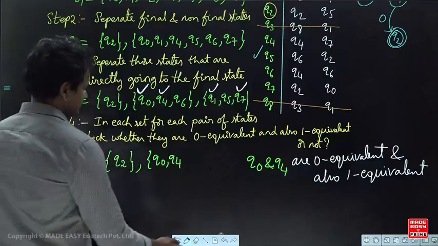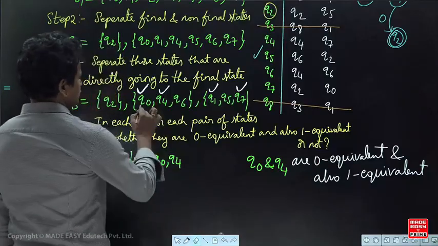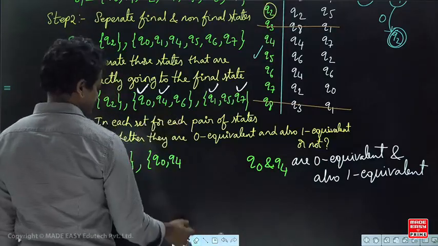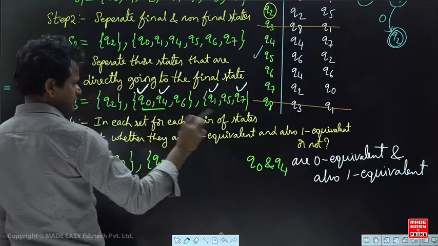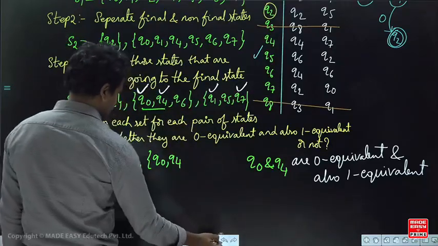Okay, now guys, listen. Q0 and Q4 are in the same set. We have checked that both are zero equivalent and also one equivalent.